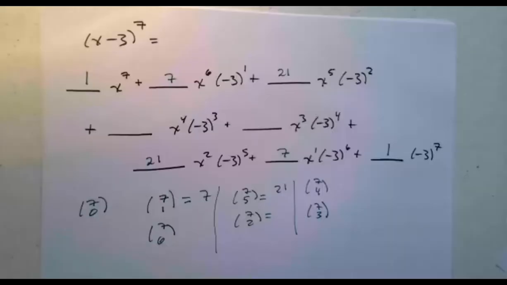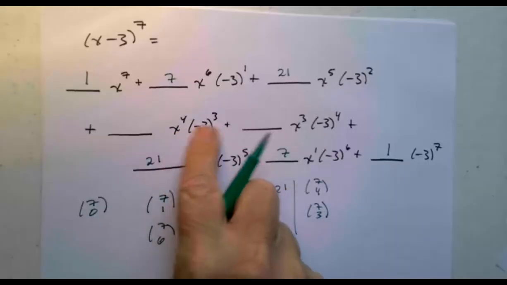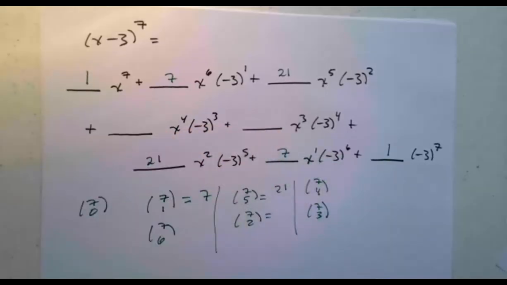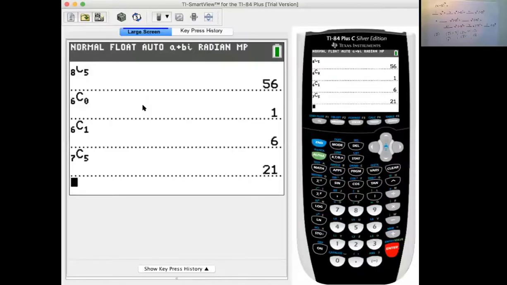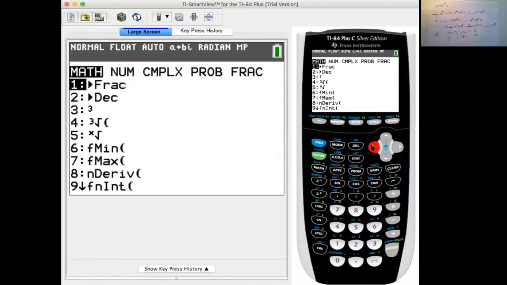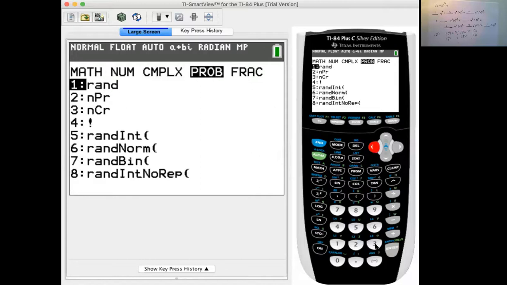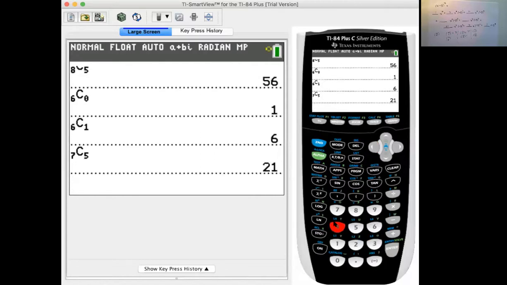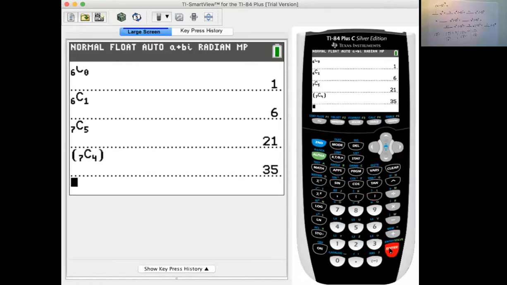So these two, right? I have a 4 and a 3, 7 choose 4 or 7 choose 3 for these two slots. So we'll go back to the graphing calculator and see what 7 choose 4 is. 7, probability, choose 4. 7 choose 4 is 35.